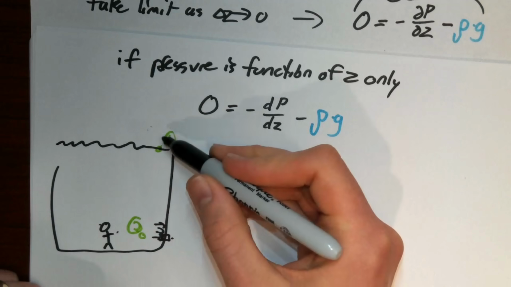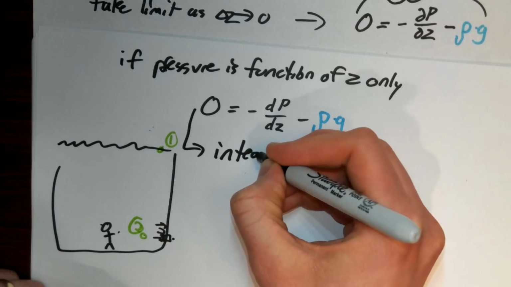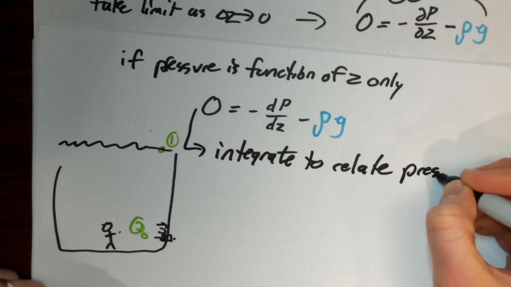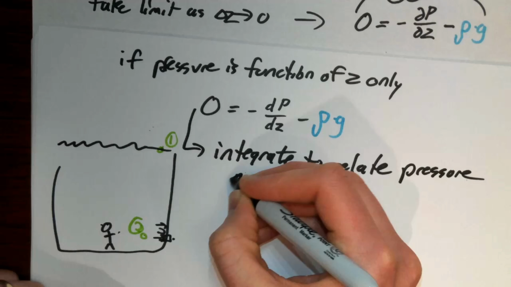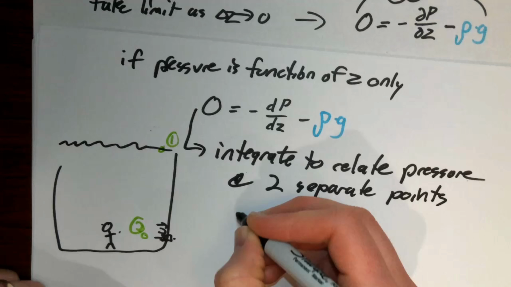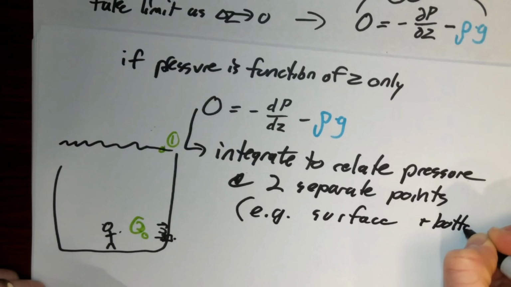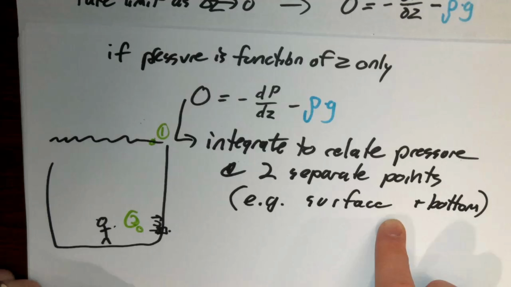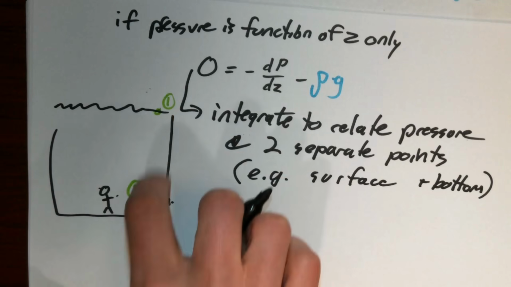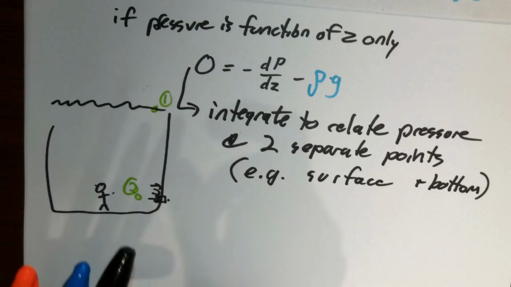Well, we can use this, we can integrate. For example, we could use this to relate a point at the surface and the point at the bottom, the pressures and depth differences between those two points, we can get a relationship between these two.